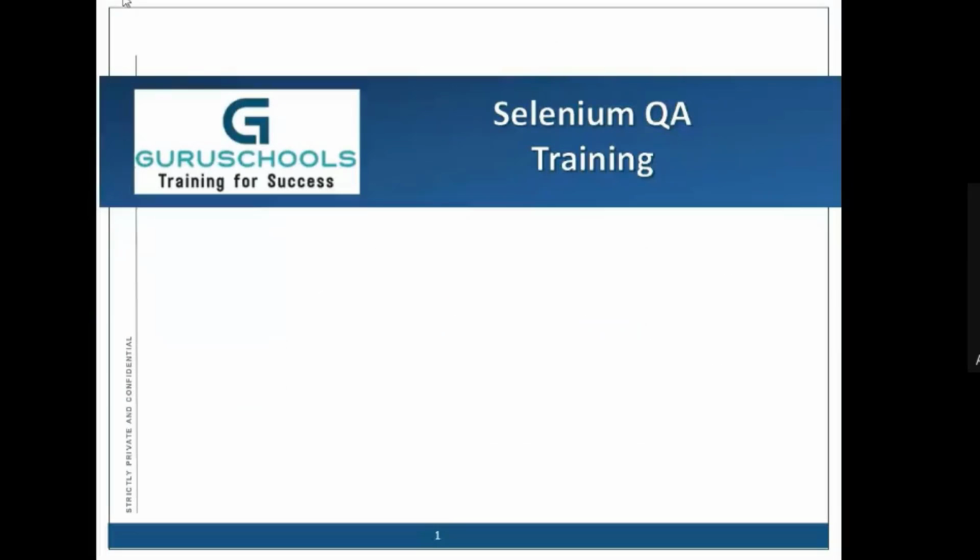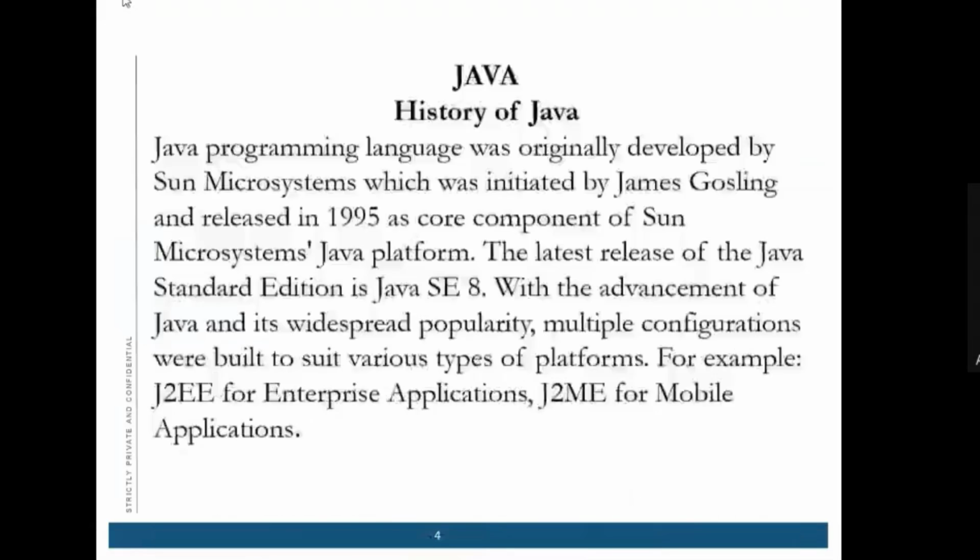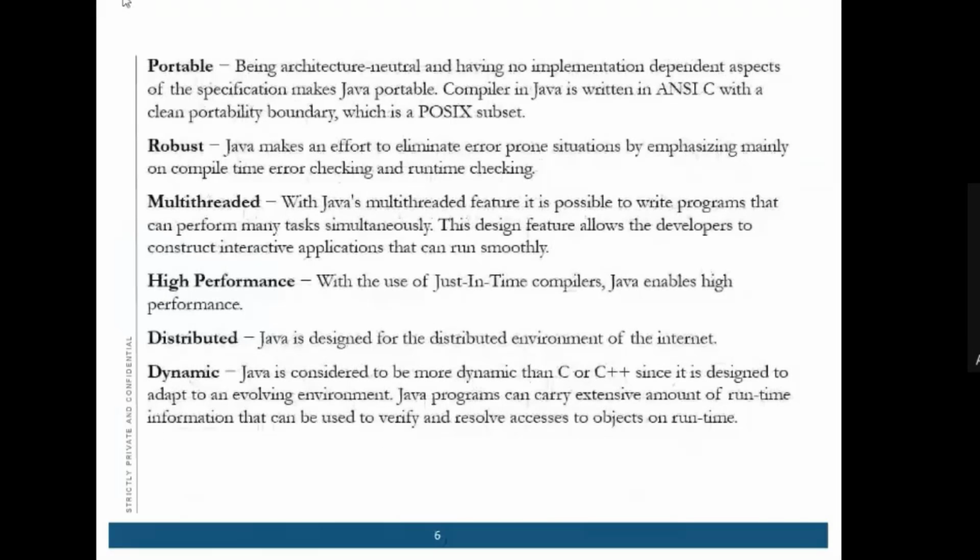So yeah, Java is a very robust programming language. Also, it is multi-threaded. Multi-threaded means Java's multi-thread feature lets you write programs that can perform many tasks simultaneously.